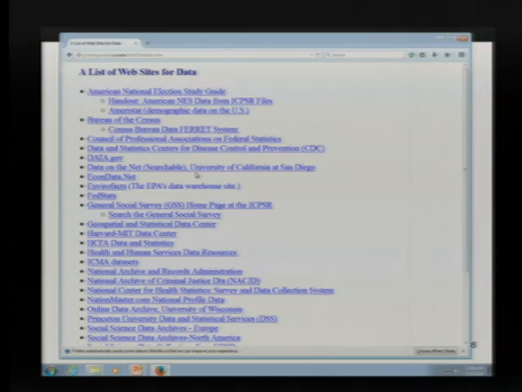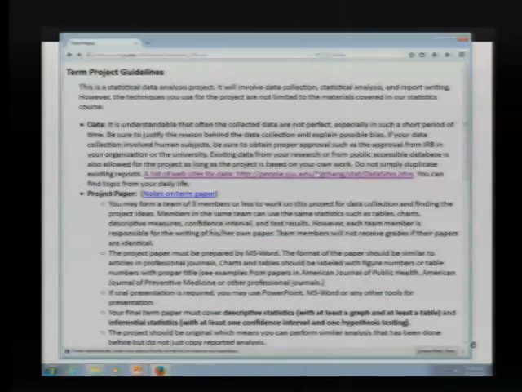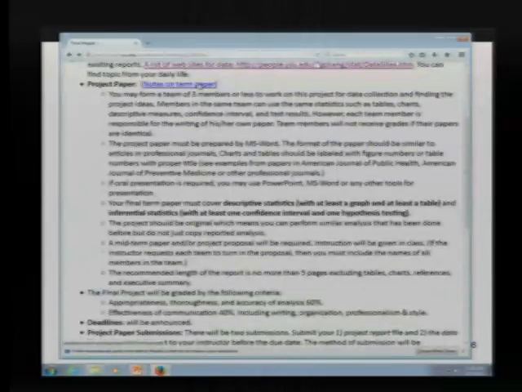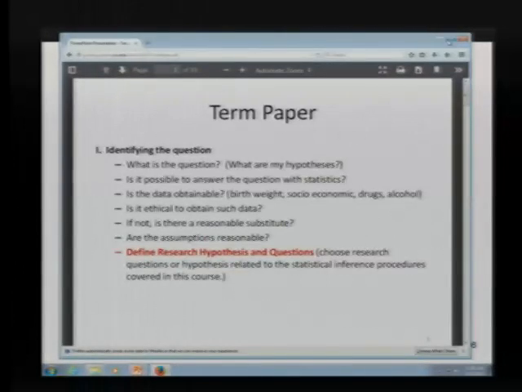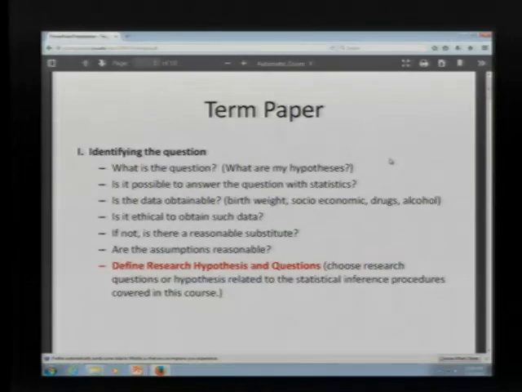Most of the time, the students in this class collect the data themselves. Like I said, they go to the mall, stop at the stop sign and observe, or go to the cafeteria, whatever. Not many people really go to those large surveys. This is something that I wrote to explain the term paper, so this is pretty much what I said.